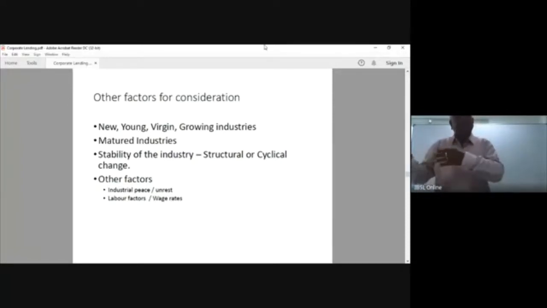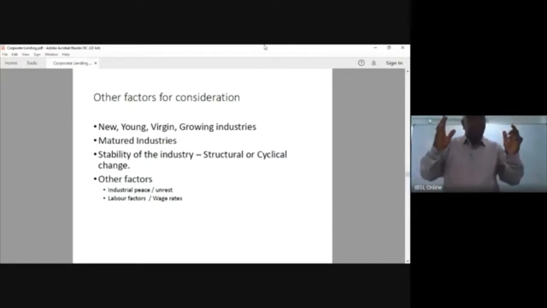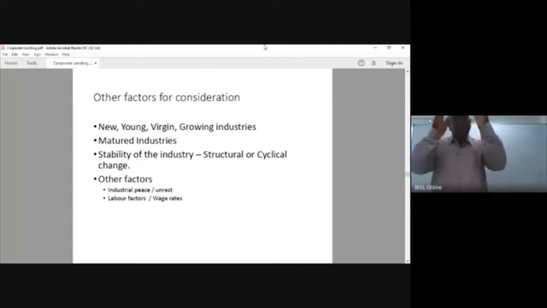And they can pay their loans well. The weak companies, sometimes they may not survive. So you have to be very careful. Efficient and effective companies, in a matured industry, can survive and have a better market share.